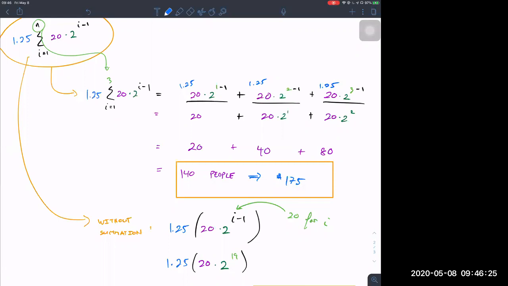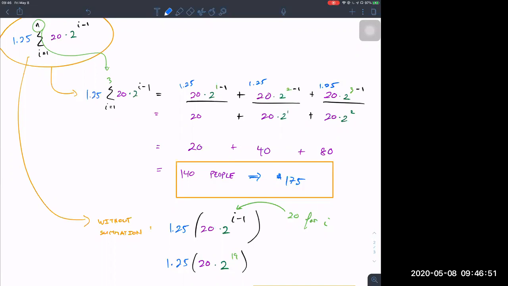Does that make sense? You can try that on your calculator right now. If you go 1.25 times 20 plus 1.25 times 40 plus 1.25 times 80, you'll still get this 175, but you'll never get the 140.